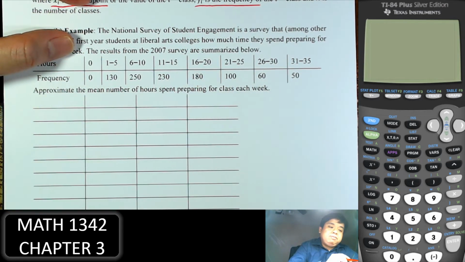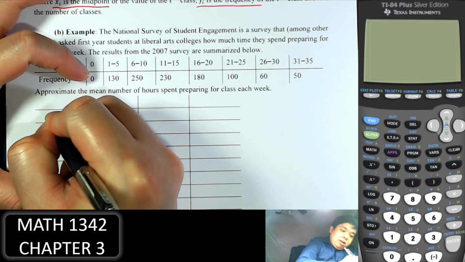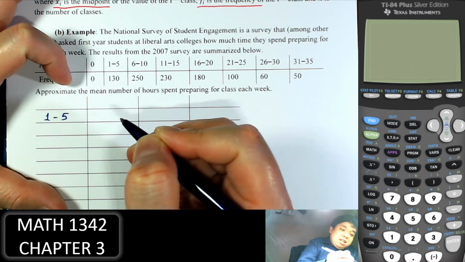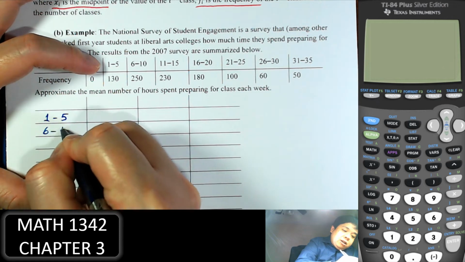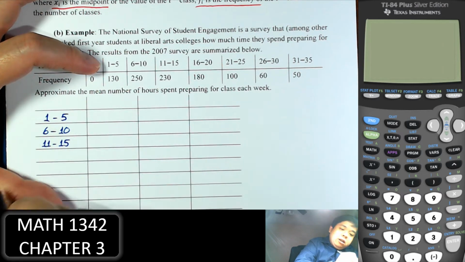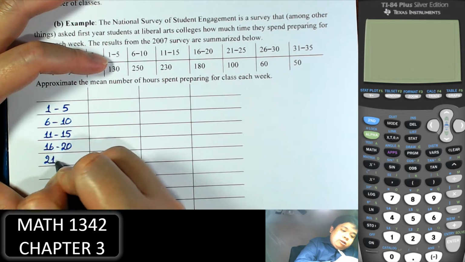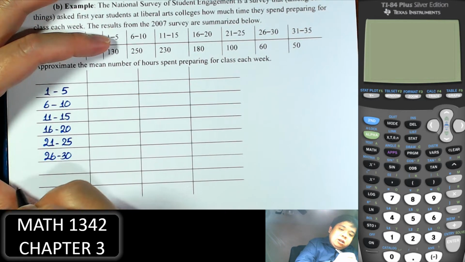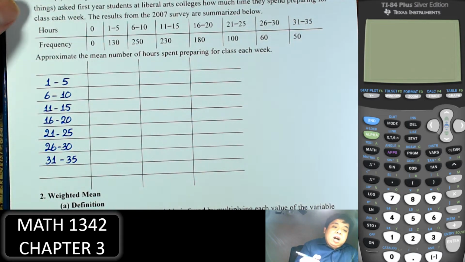So those are the times. The classes will be 1 to 5, 6 to 10, 11 to 15, 16 to 20, 21 to 25, 26 to 30, and 31 to 35.